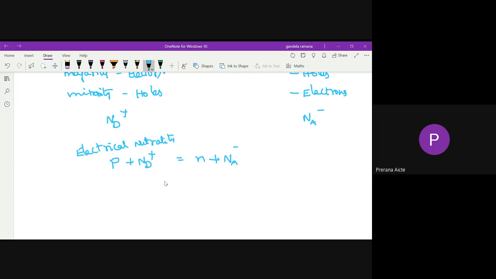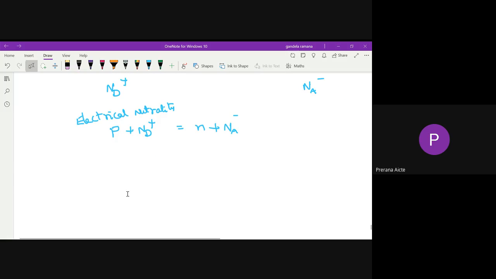So calculate minority concentration. np is equal to ni square. In N type, we know very well donor ion Nd is equal to n. Initially assume holes approximately 0. So in N type, n_n p_n, electrons and holes, is equal to ni square.